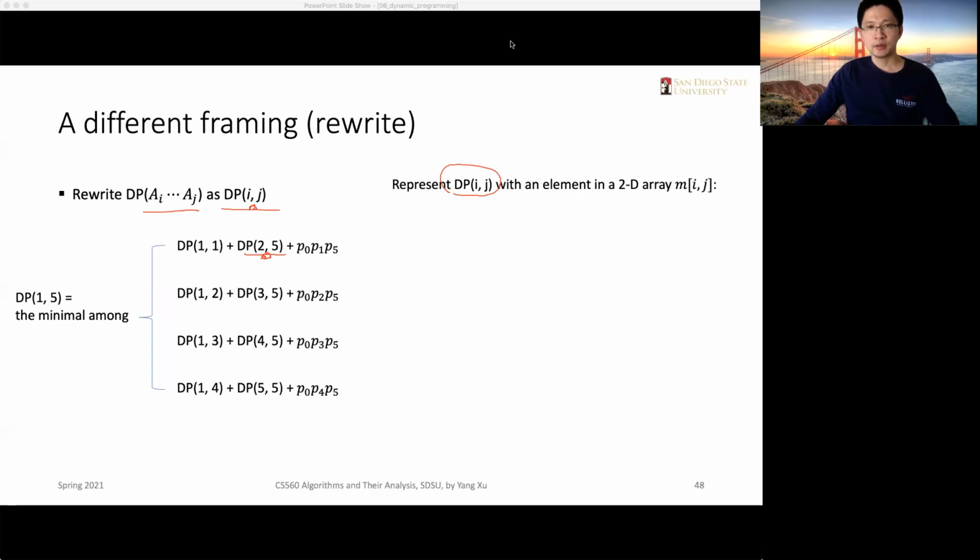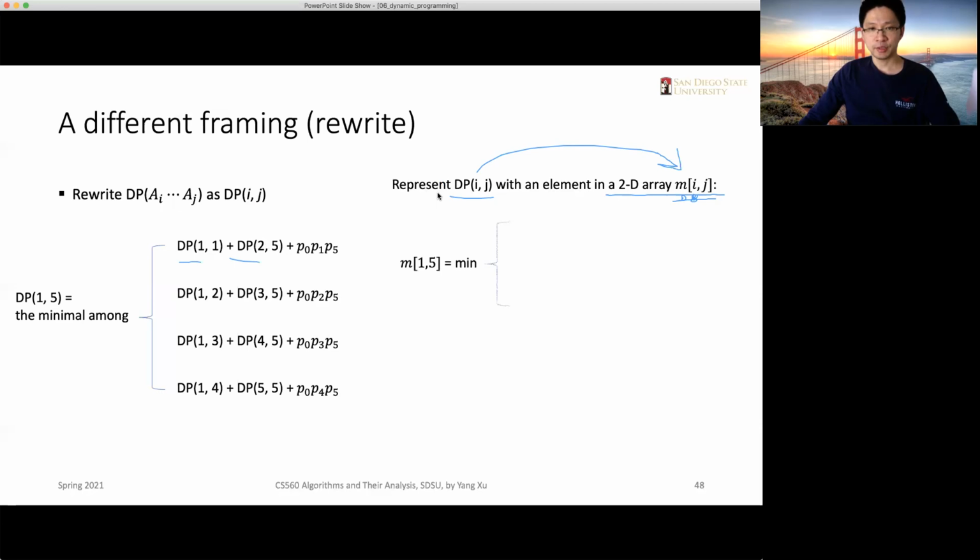So dp of I and J is actually the same format as a 2D array representation. It's no different from a 2D array. So dp of I, J is actually the element at I and J within a 2D array. It is essentially the same thing.